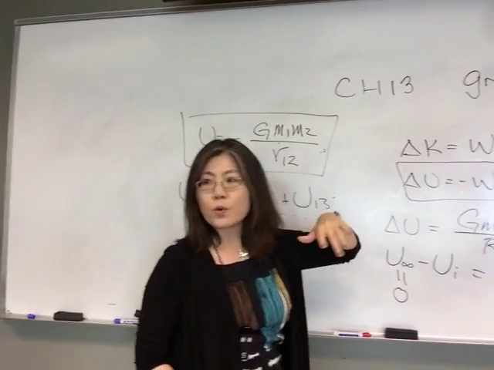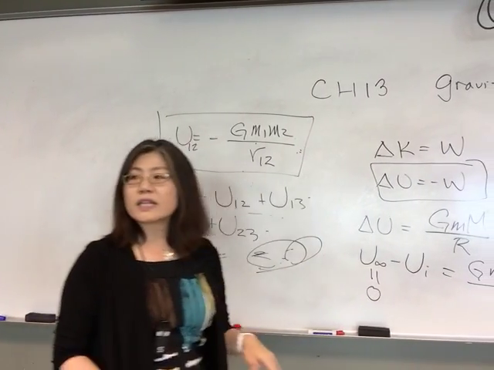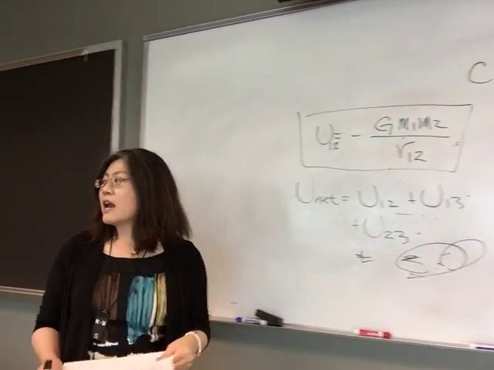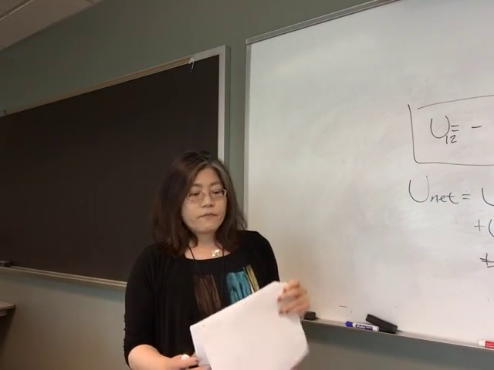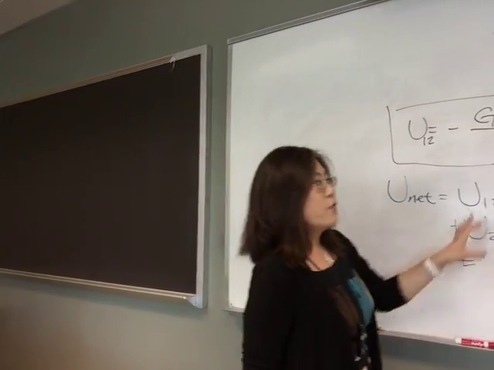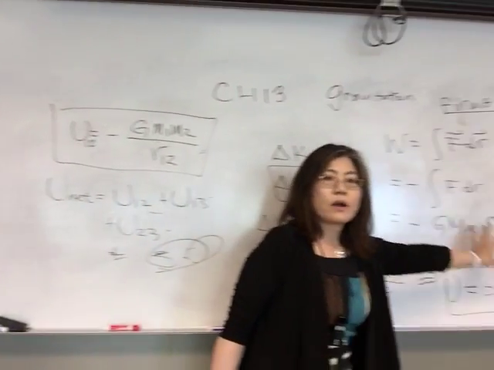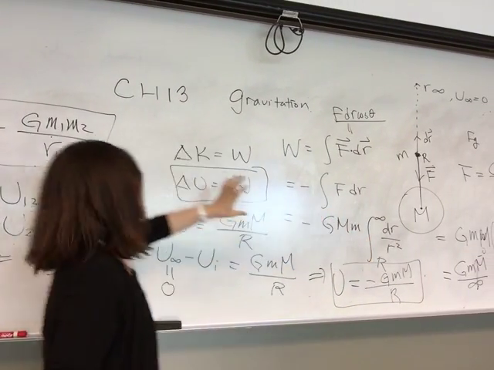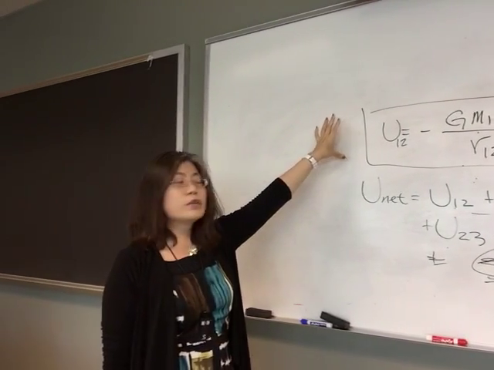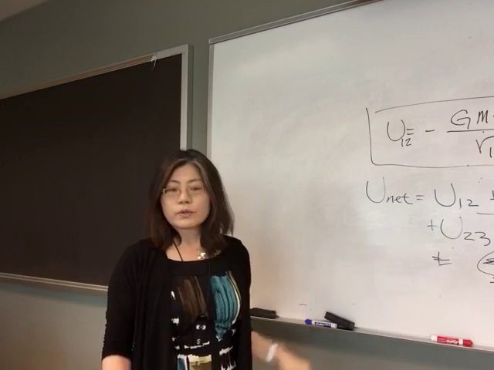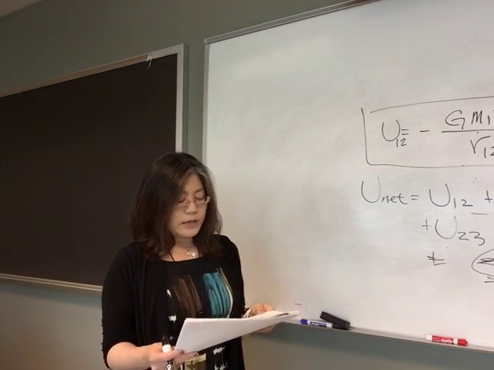Because your reference point is set at infinity and has a value of 0. If you're not following the derivation, that'll be fine, but the key point here is that this is the equation that you need to know and use to find the energy.